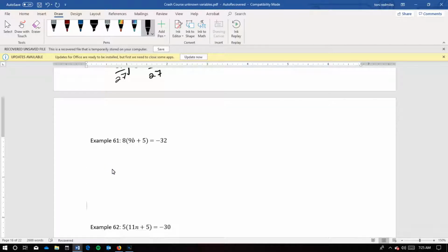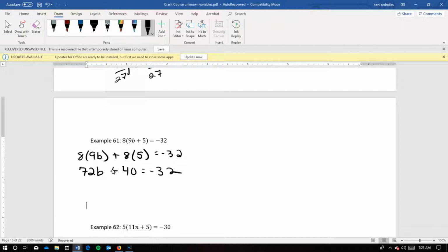8 times 9b plus 8 times 5. Got to distribute that 8 through and multiply it by everything. 8 times 9 is 72b. 8 times 5 is 40.